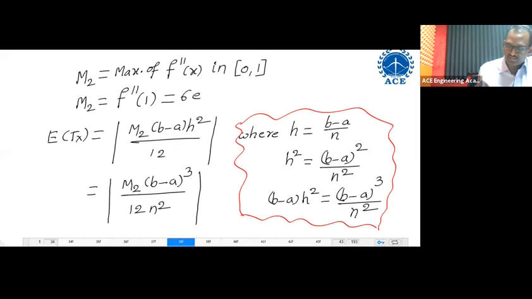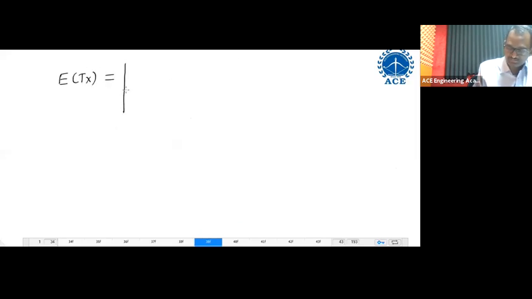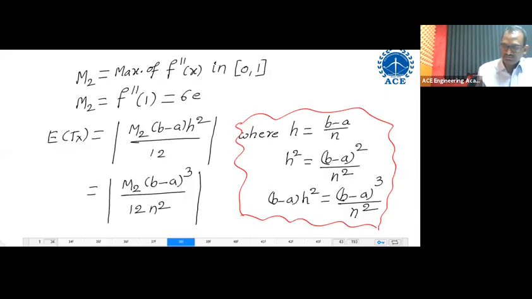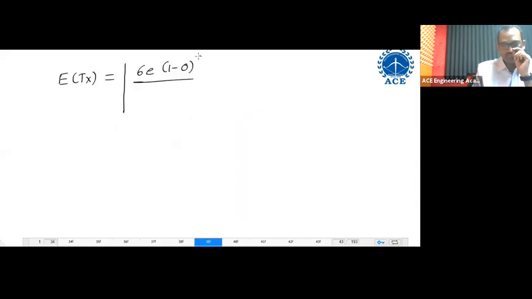Error value in trapezoidal rule is M2 value 6e, b minus a is 1 minus 0, whole cube by 12 n square. N means number of subintervals.